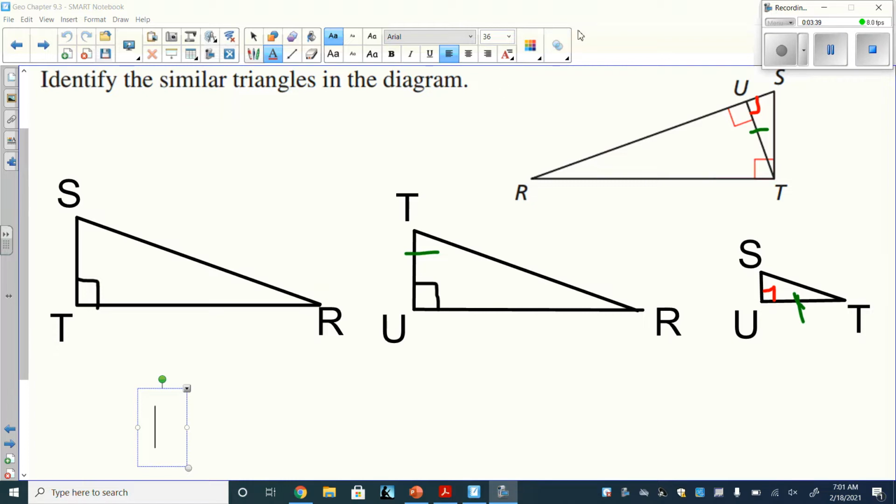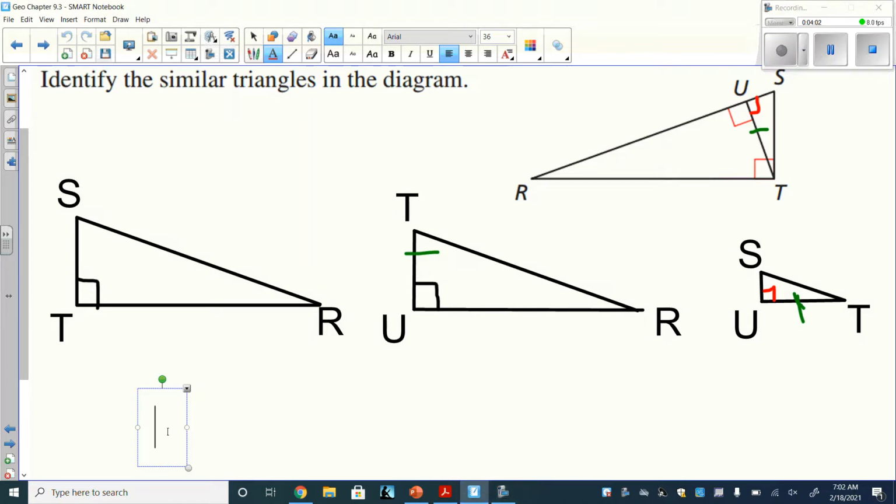Okay, so I tried to pull up the special characters to see if I could use the triangle symbol, but apparently they do not have one. So that's unfortunate. But we can go on and write our similarity statements anyways. Now the first one we can look at is the big triangle, STR.